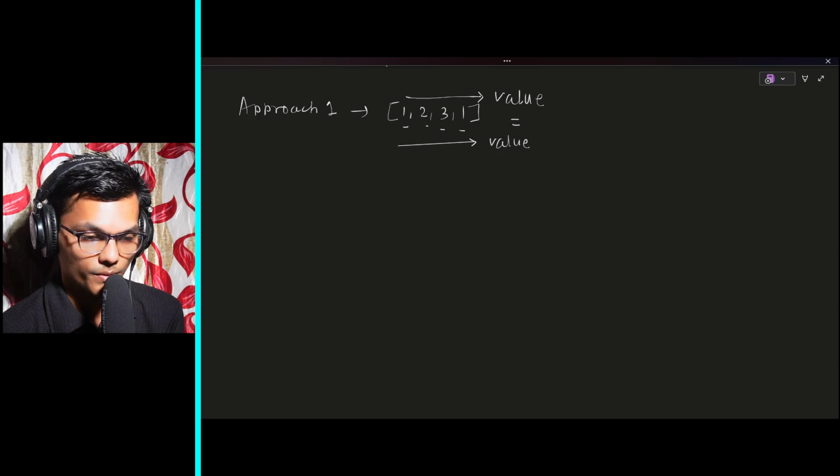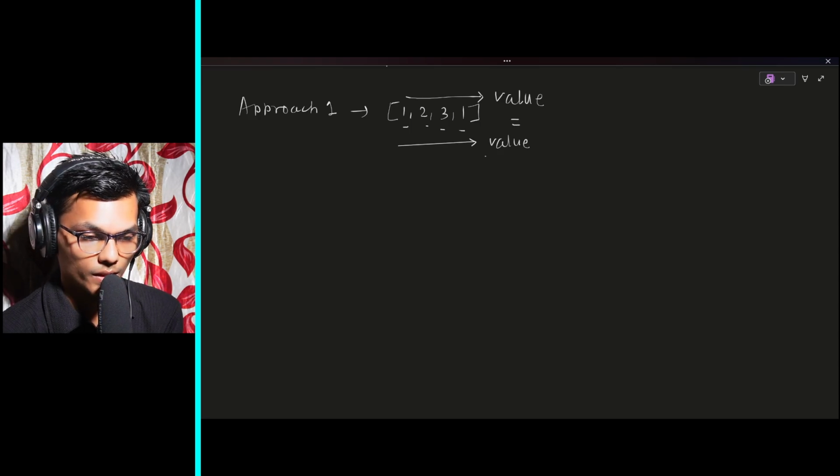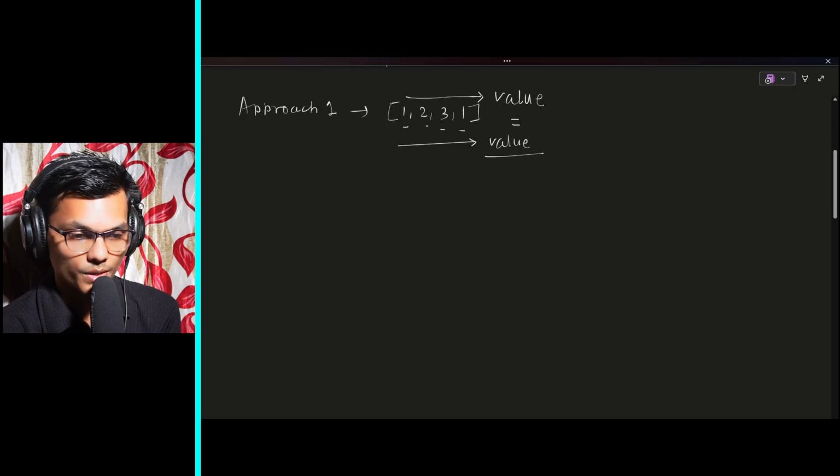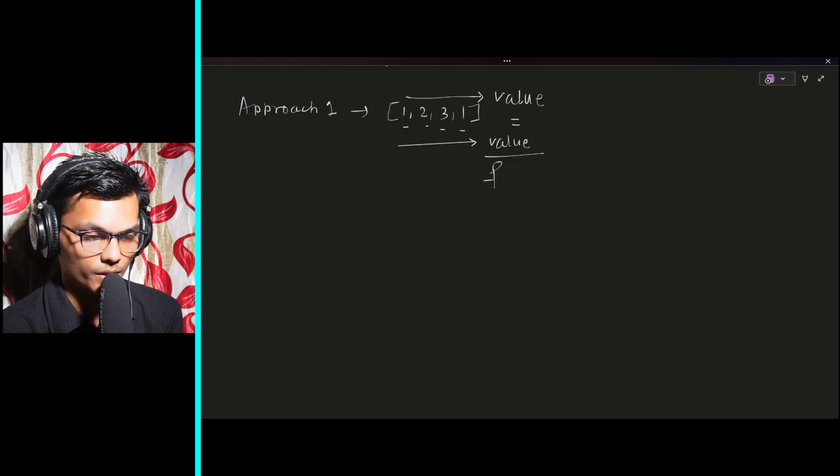If the value from the first loop and the value from the second loop are equal, then yes, the array contains duplicate, so our output will be true. And what if the values are distinct, not equal? In this case, we'll return false.